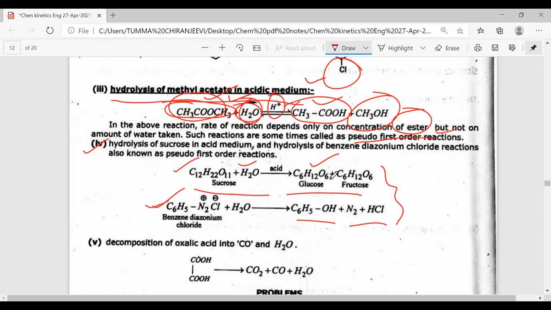The rate of these two reactions depends only upon the concentration of sucrose and the concentration of benzene diazonium chloride, but not the water. So that is why they are known as first order reactions, and also as pseudo first order reactions.